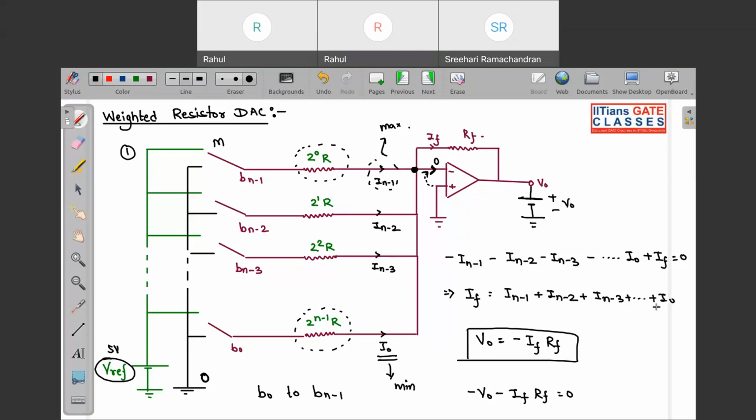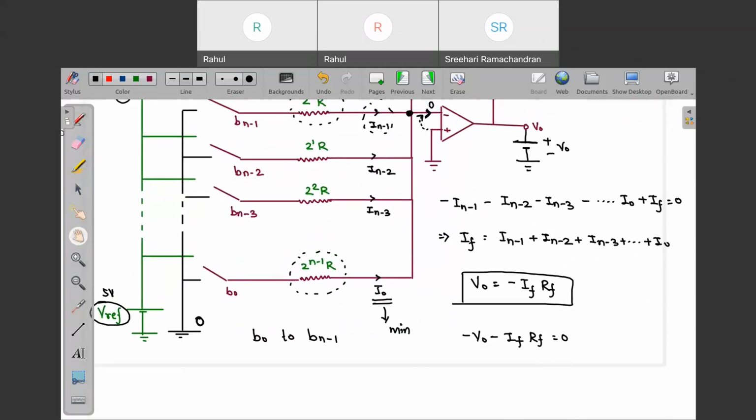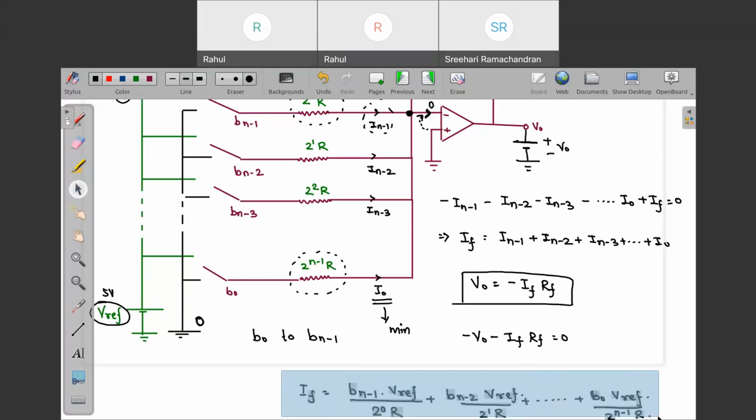We can replace this If by Bn minus 1 times V reference divided by 2 to the power 0 R, plus Bn minus 2 times V reference divided by 2 to the power 1 R, and so on till B naught times V ref divided by 2 to the power n minus 1 into R. Can we write it like this or not? Clear, okay.